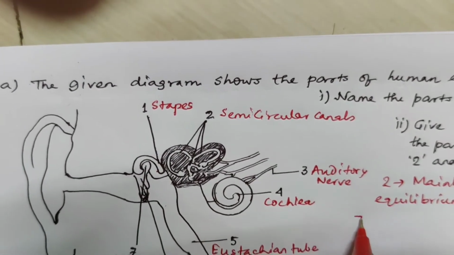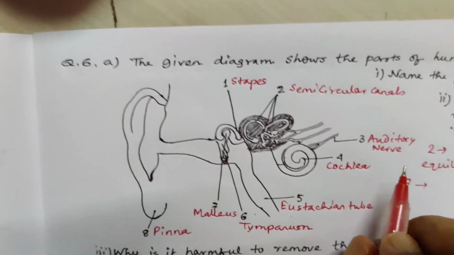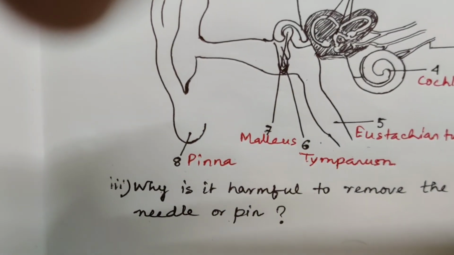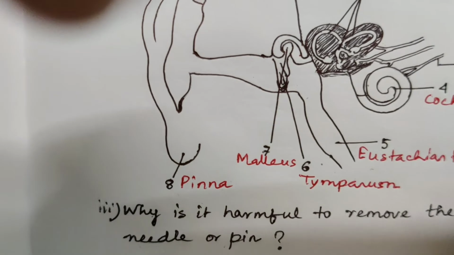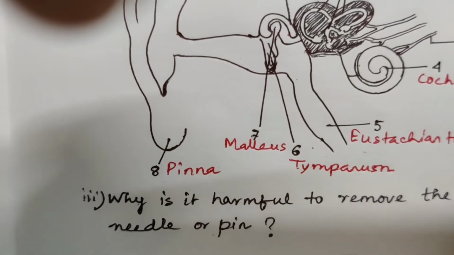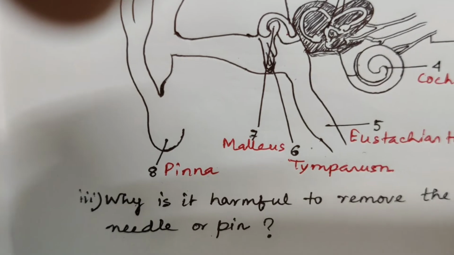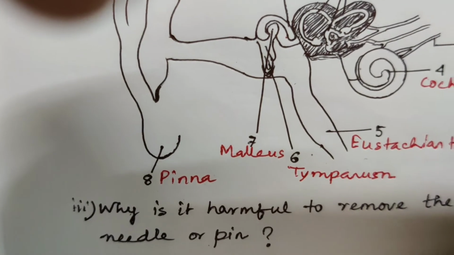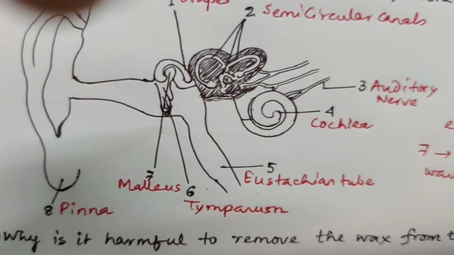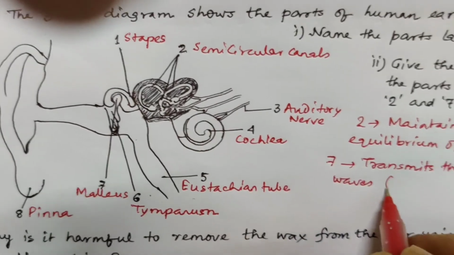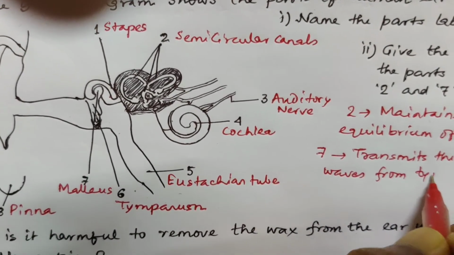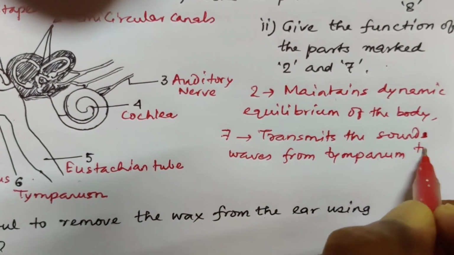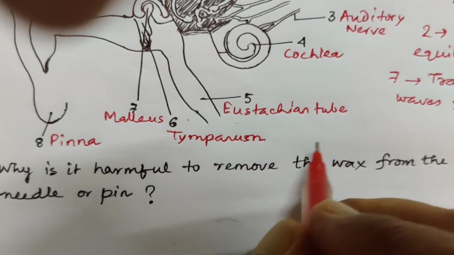And function of 7. What is 7 over here? Malleus. So malleus, what does it do? It transmits the sound waves from the tympanum to the other ossicles.